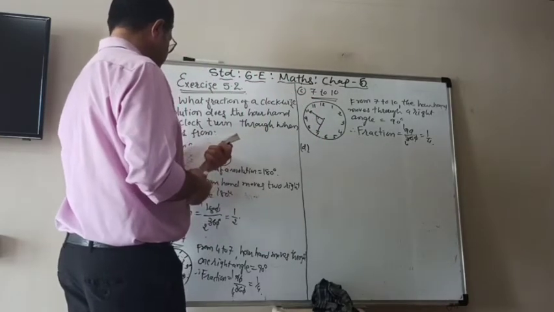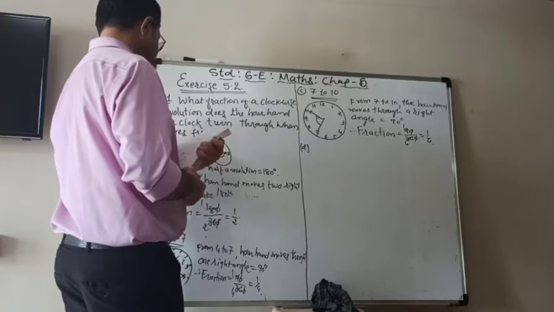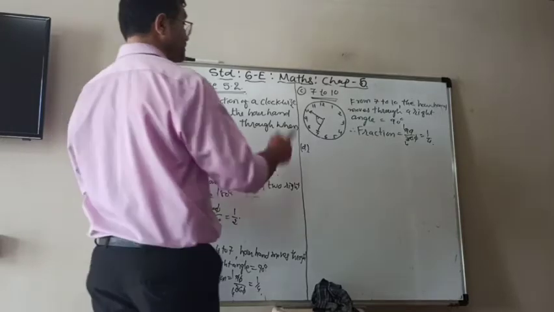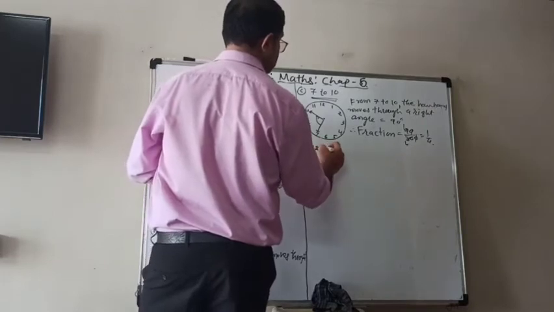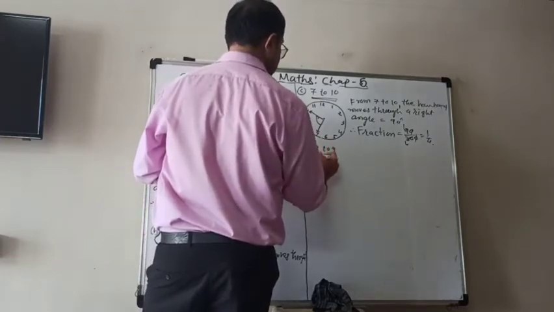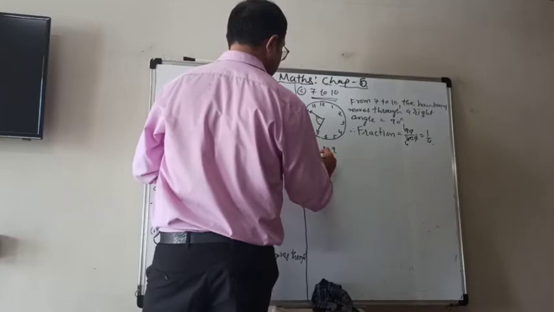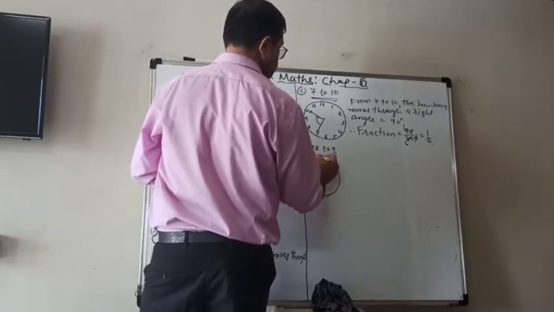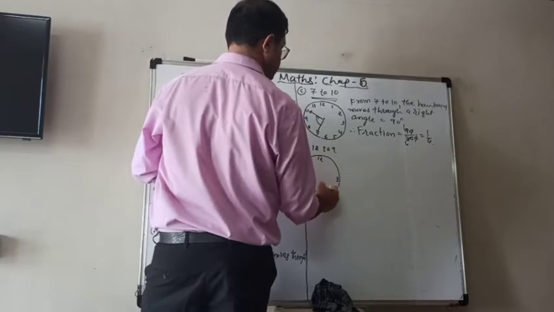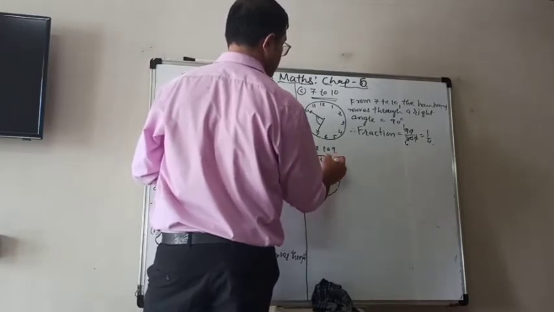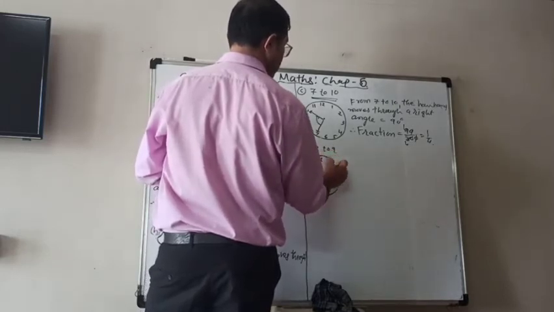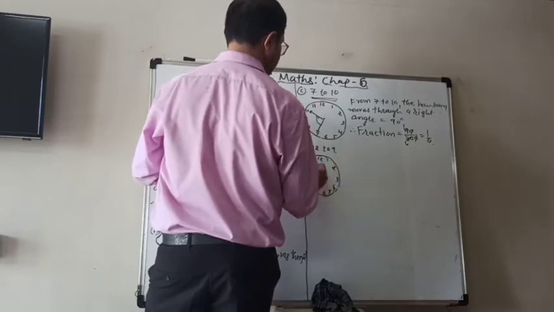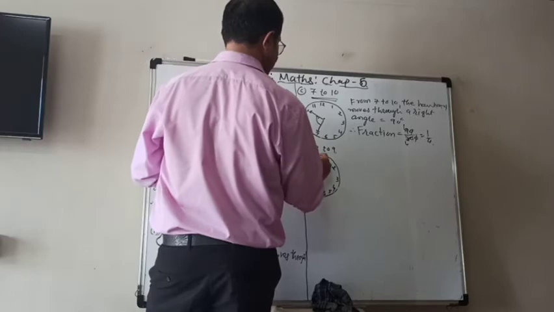In D, it is moving from 12 to 9. Now look here. 12, 3, 6, 9, 1, 2, 4, 5, 7, 8, 10, 11.